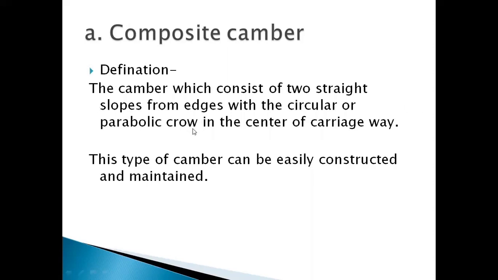The composite camber consists of two straight slopes from the edges and a circular or parabolic crown at the top. This type of camber can be easily constructed and maintained.